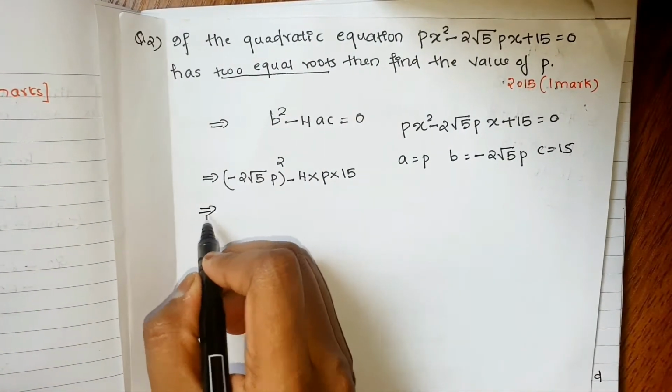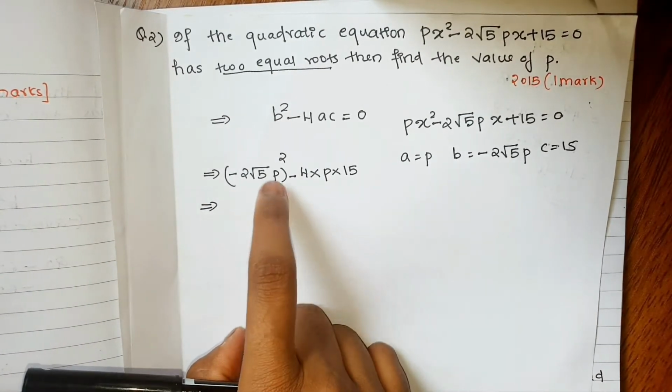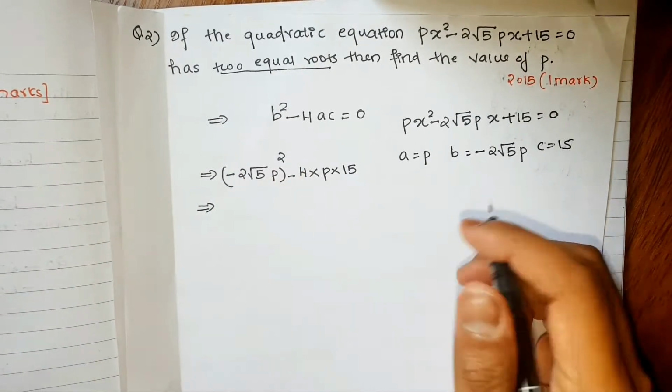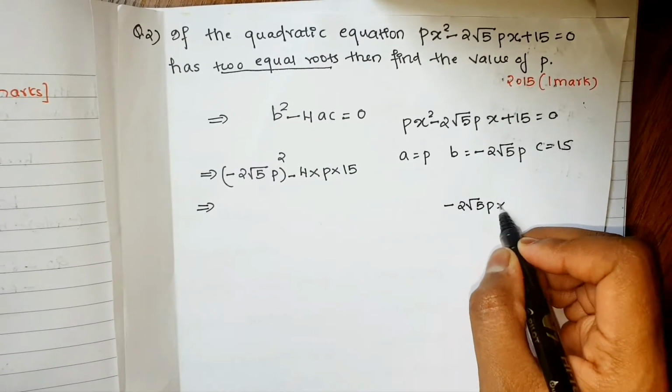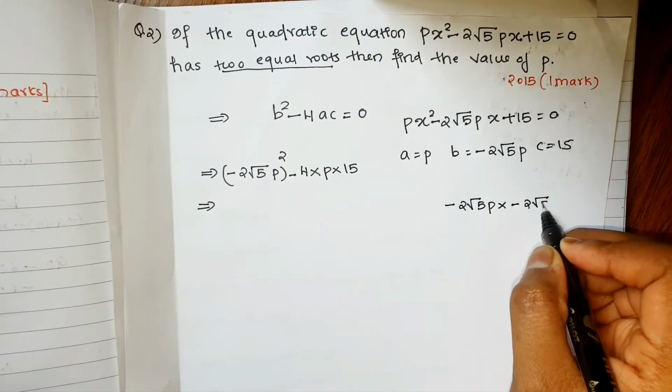Okay. What is (minus 2 root 5 p) the whole square? Minus 2 root 5 p into minus 2 root 5 p.